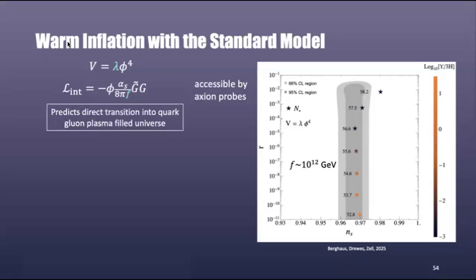What happens here, we directly transition into a universe filled with a quark gluon plasma, which is nice because that's our universe at some point in the past. I think here we're at 10 to the negative 14, and here we're at 10 to the negative 20.